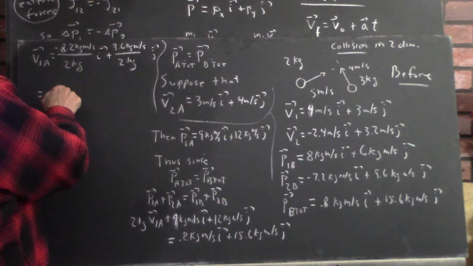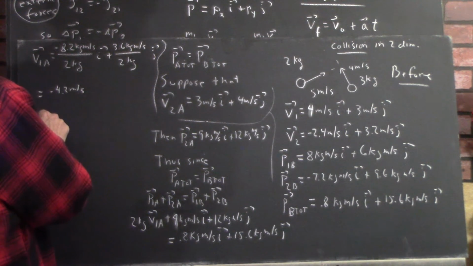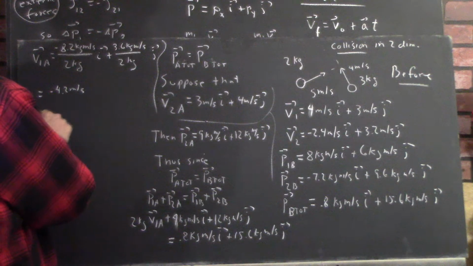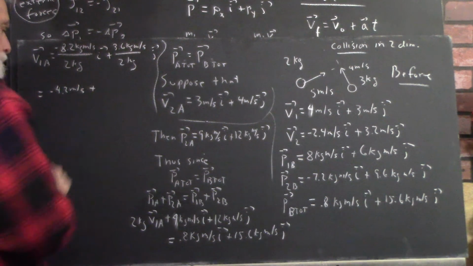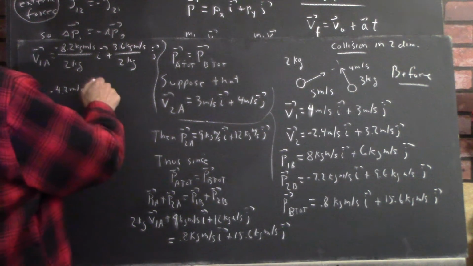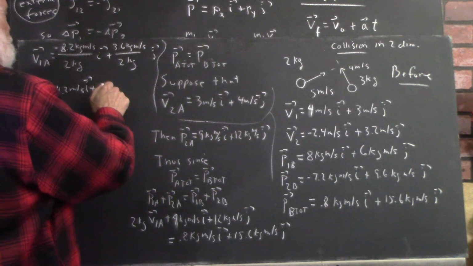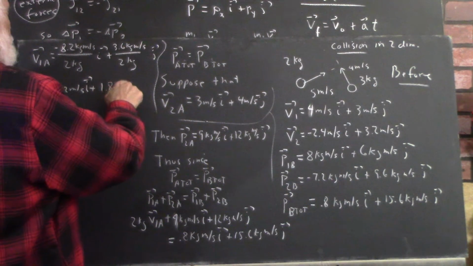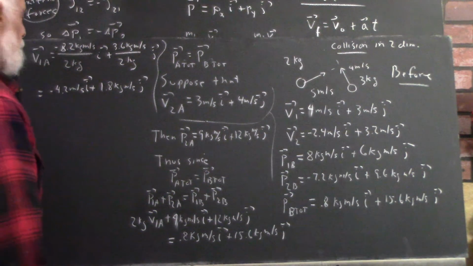And we get negative 4.2 meters per second. Yeah, I guess that works. Times I plus 1.8 meters per second times J.